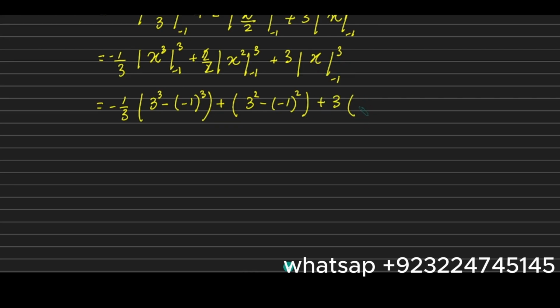In place of x, we will write 3 minus the lower limit minus 1. So we get minus 1 by 3 cubed, 27 minus 1 raised to 3 is negative. So negative will be positive. We get plus 1 plus 3 squared, 9 minus 1 squared is positive.